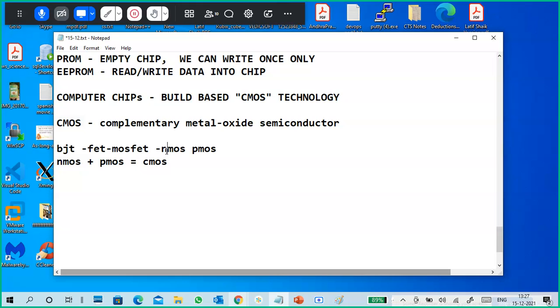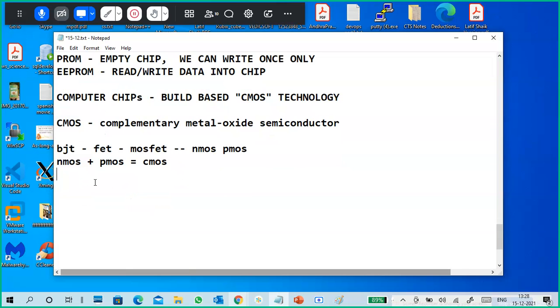N channel MOSFET, P channel MOSFET. Two MOSFETs are there. So if you combine NMOS and PMOS, CMOS, it's a semiconductor made up of silicon. That's it, it's not a very important point.